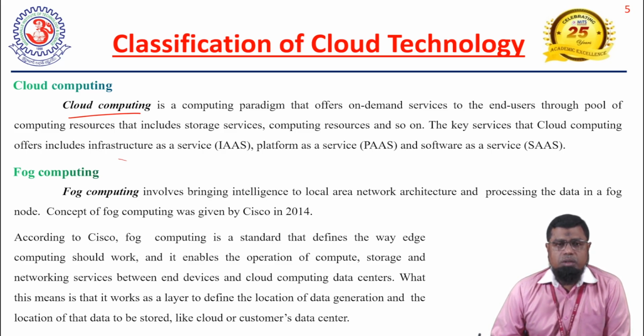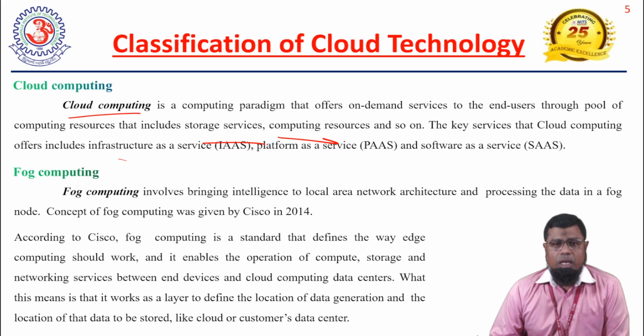It includes storage or computing resources like CPU and GPU, and so on. The key services that cloud computing offers include infrastructure as a service, platform as a service, and software as a service. So three types of services are provided by cloud computing, and we are already familiar with this technology.